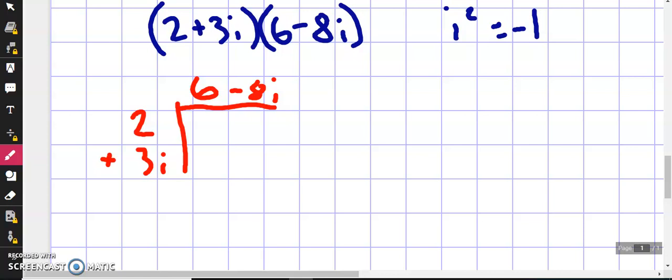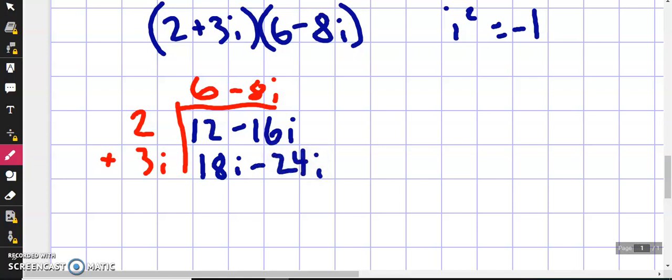So 2 times 6 will give me 12. 2 times negative 8 will give me negative 16i. 3i times 6 will give me 18i. And then 3i times negative 8i will give me a negative 24i squared. Here's where the extra little bit comes in.